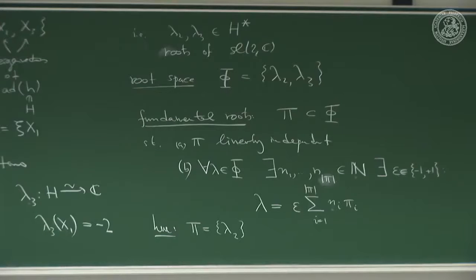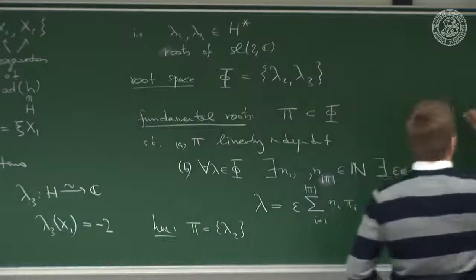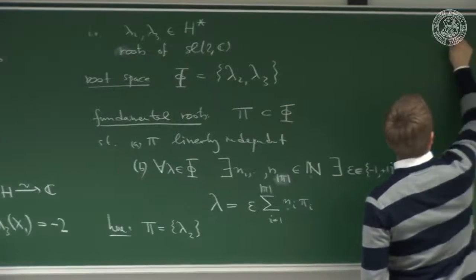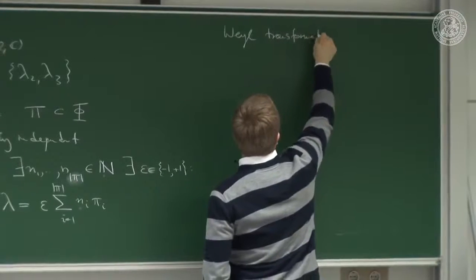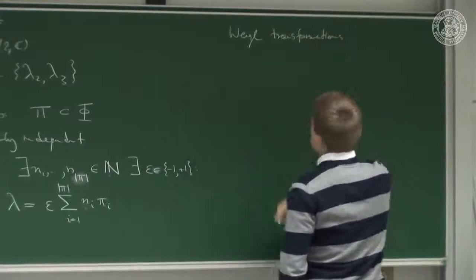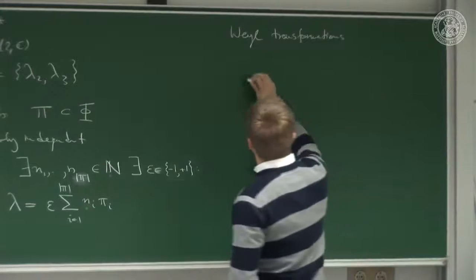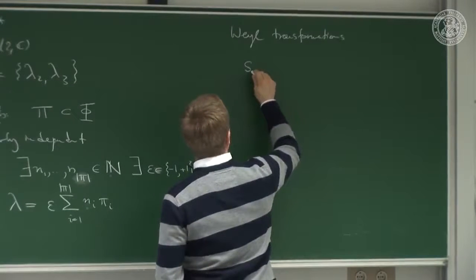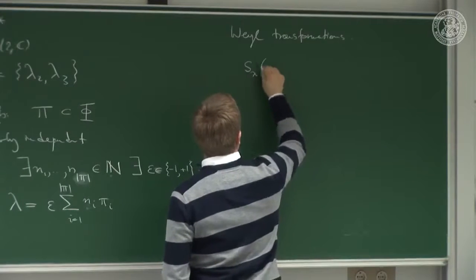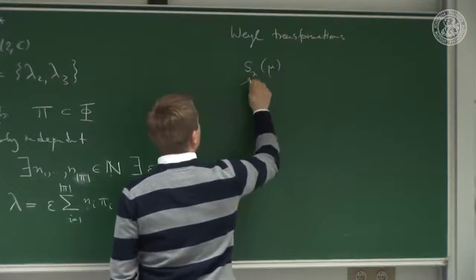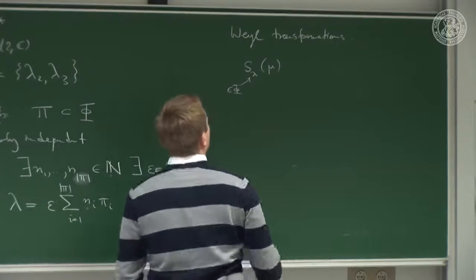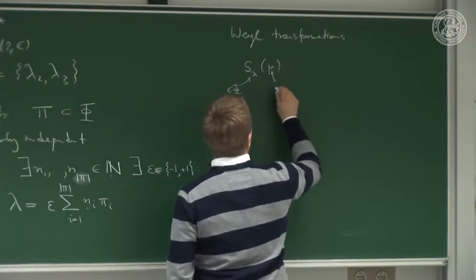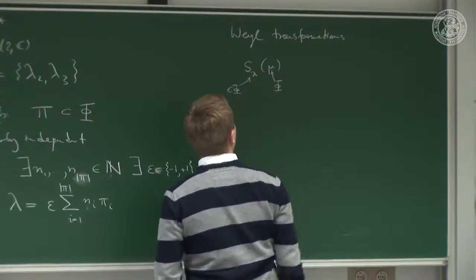Okay, so once we have the fundamental root, we can make the following check. We can look at the Weyl transformations, which constitute the Weyl group. And you remember that for the Weyl transformation, you have an S_lambda acting on a mu, and the lambda can be any root, and so can be the mu.